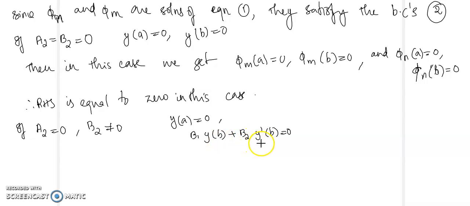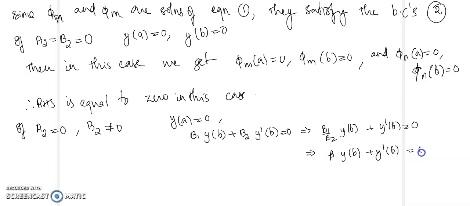If you divide throughout by B2, which is not equal to 0, you will get B1 by B2 y of B plus y dash of B equal to 0. So let me call it some beta y of B plus y dash of B equal to 0, and here beta is equal to B1 by B2.